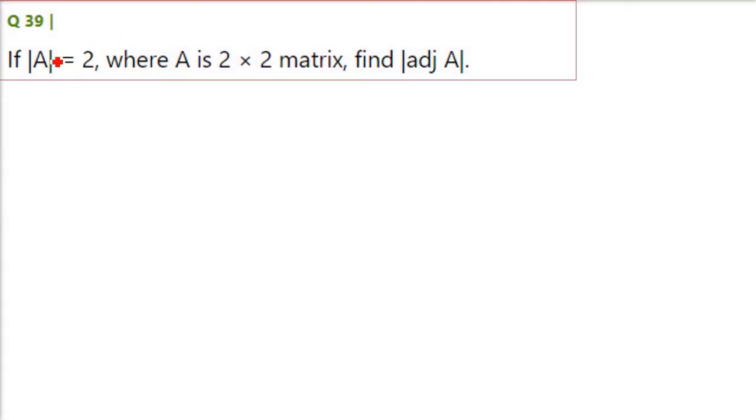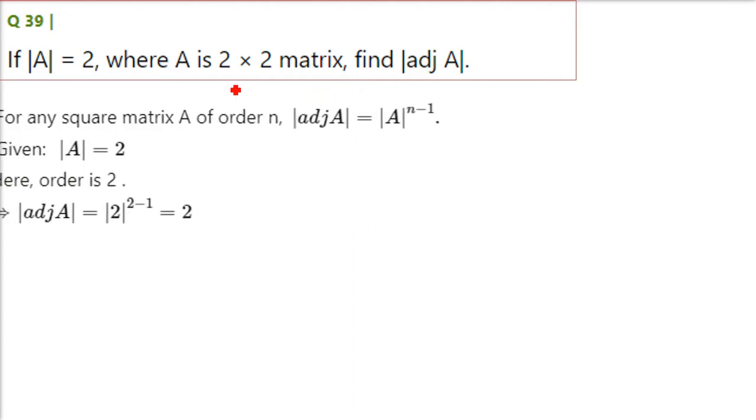If determinant of A is equal to 2, where A is a 2 by 2 matrix, find the determinant of adjoint A. Now the adjoint and the inverse and all these questions we'll take in the next discussion.